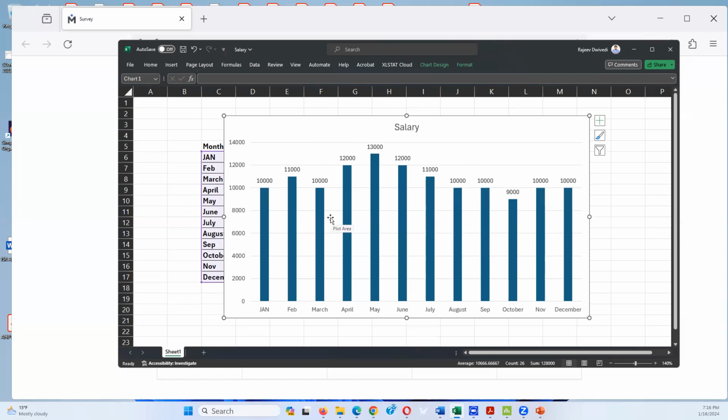Now, if somebody asks you, what is the salary before March? Before March, not asking March, then you have to add January and February together, which is 10,000 plus 11,000, which is 21,000. And you can answer this because it's only 2 months. But if somebody asks you, what is your salary before June?